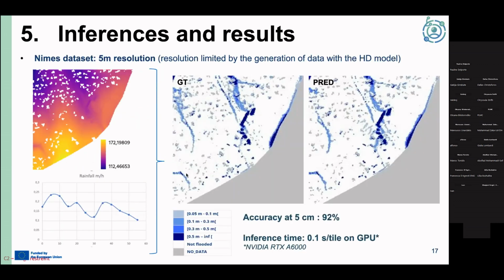This is an example of inference on NIM datasets. Our datasets have 5 meter resolution, but the resolution is not limited by our data or the general approach, it is limited by the generation of our data.